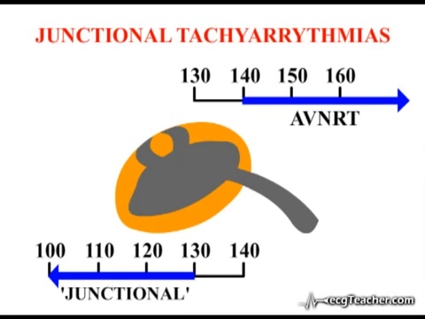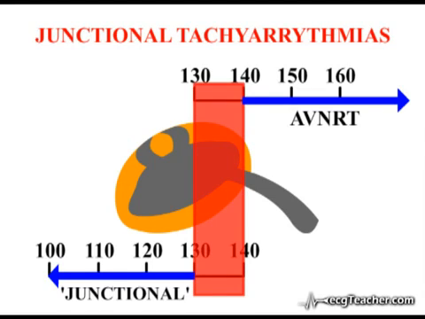You will appreciate that there is a grey area. Rates between 130 and 140 beats per minute may or may not be due to a re-entrant mechanism. As we'll see in the quiz section, whether we label such an arrhythmia as AV nodal re-entrant tachycardia or junctional tachycardia is largely determined by the clinical context, and a definitive answer may require further investigation.